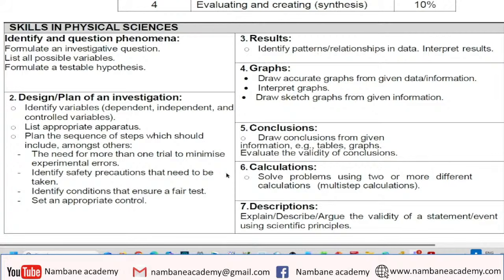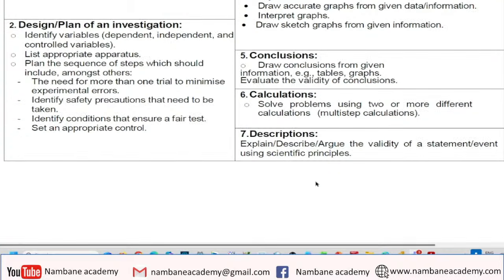I've already talked about the conclusion and the calculations, and then you can also talk to whether the results are valid or not, or maybe account as to why the results are not reliable, or why our hypothesis is not achieved. What happened in the process of an investigation that led to maybe a law not being seen.